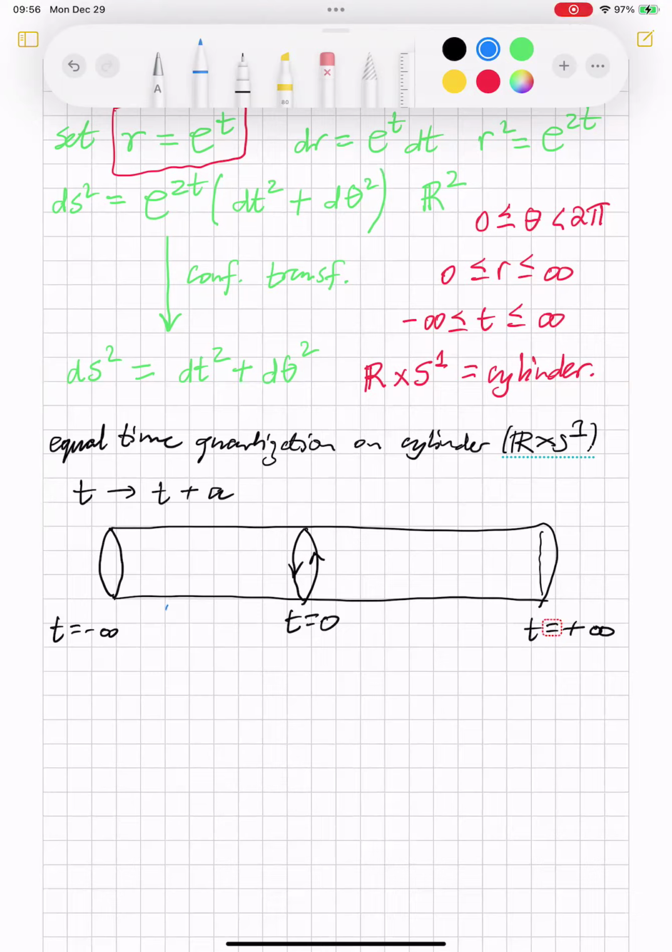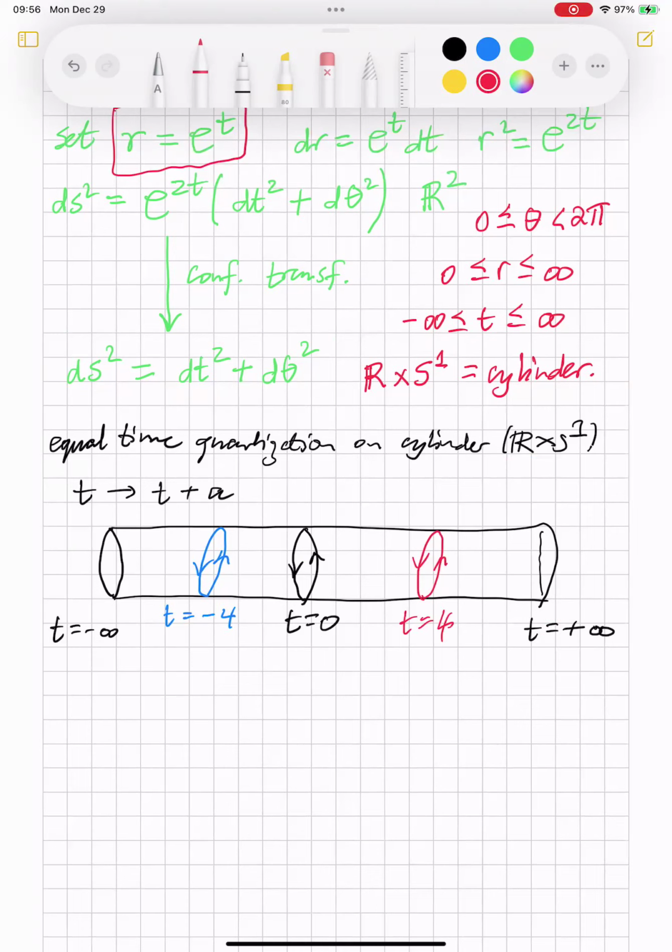So this could be a circle at, I don't know, t is equal to minus 4, some negative value of t. Then it appears to the left of t is equal to 0. And I could also have a constant time slice at t is equal to 4, and then it would appear to the right of t is equal to 0.